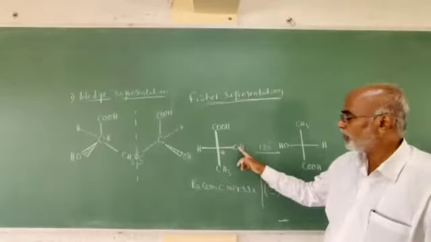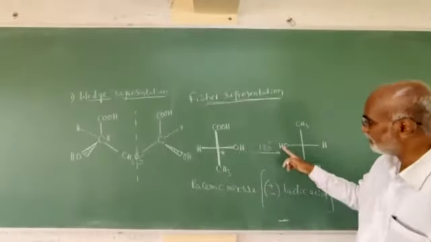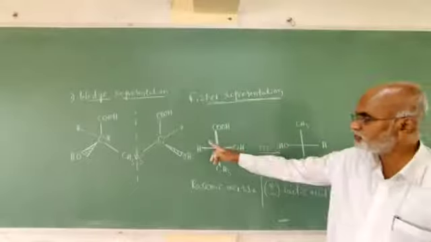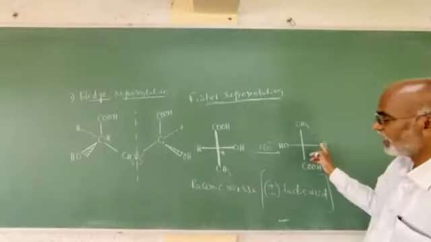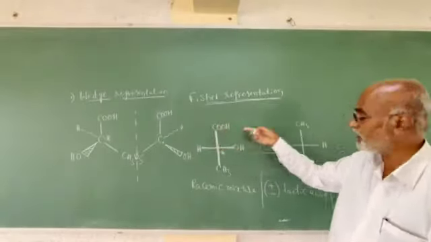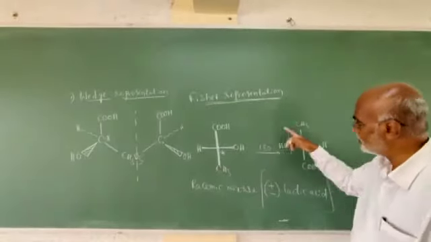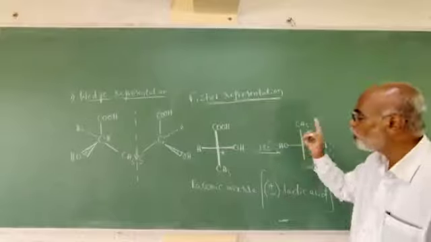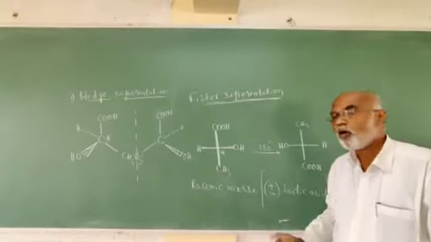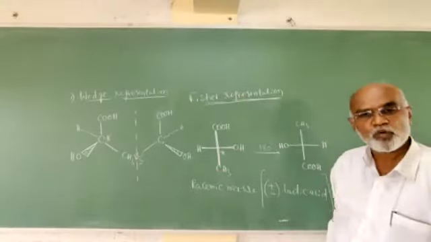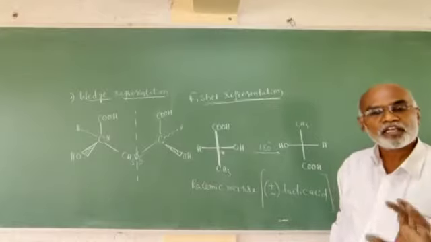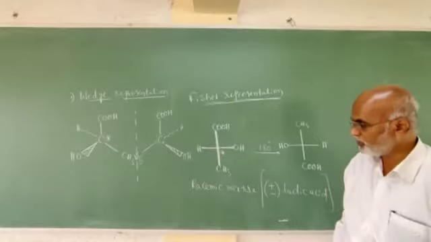That is, OH which was on the right will be shifted to the left, H which was on the left is shifted to the right, and COOH which is at the top is shifted to the bottom, whereas CH3 which is at the bottom is shifted to the top. I mean to say, 180 degree rotation of the Fischer representation will always give a molecule in the opposite orientation.